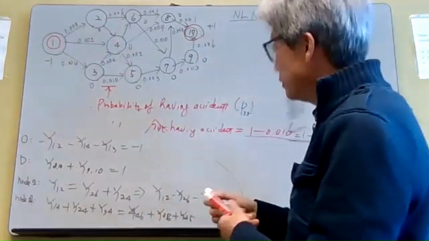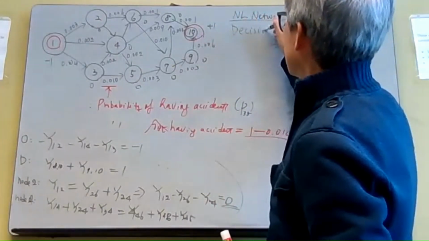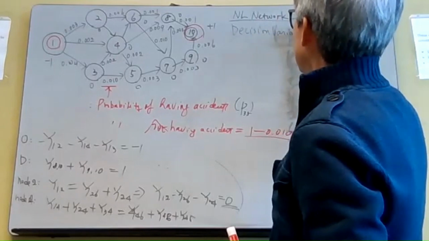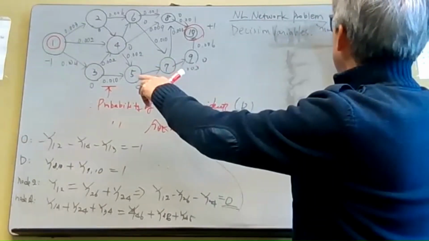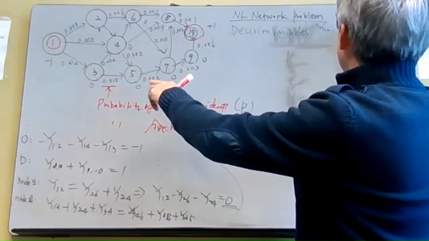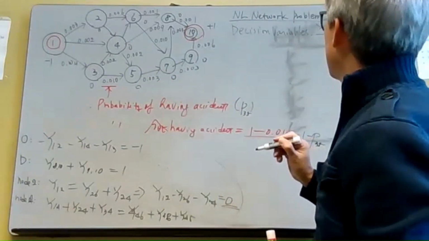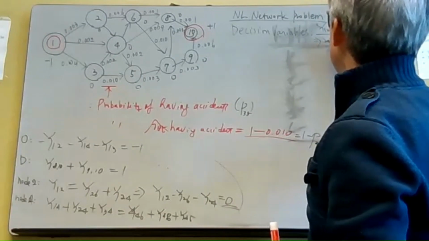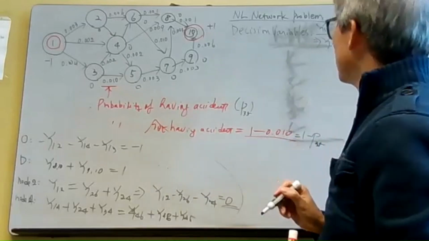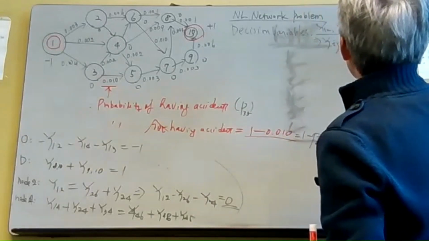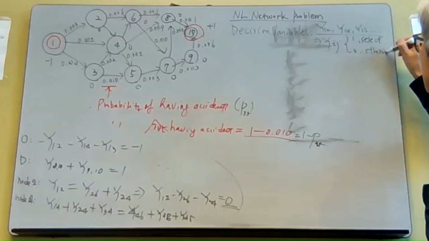So our decision variables are y12, y14, y13, and so on, which is very long. So let's just make it simple. Xij is 1 or 0: 1 if selected as part of the route, otherwise it's going to be 0.